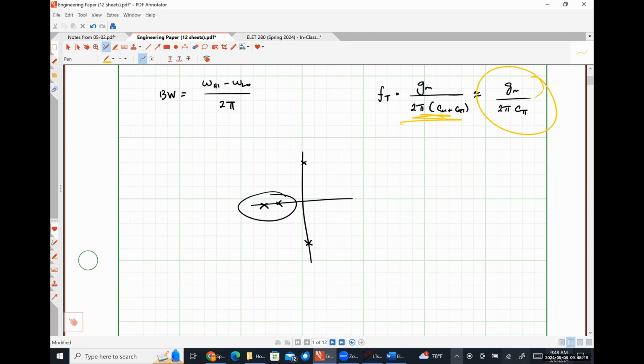They're going to give you the transit frequency, and then the value of it depends on the operating point of the device, which is represented by the transconductance GM. So yes, 100% correct that I didn't give you the base-emitter junction capacitances, because you really wouldn't have access to those values even on the data sheet.